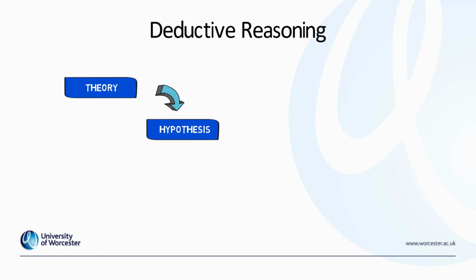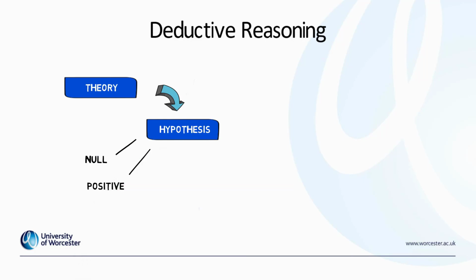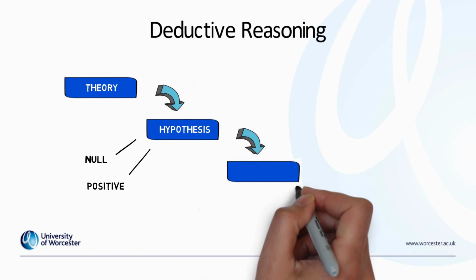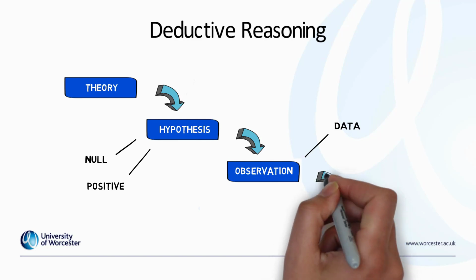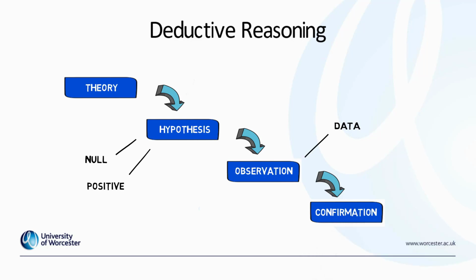So we normally have null and positive potential outcomes for the hypotheses we have developed. We then move on to observing the world around us by collecting data. And then once we have collected this data, we use this data to confirm whether the theories and hypotheses we have developed are accurate or not accurate.